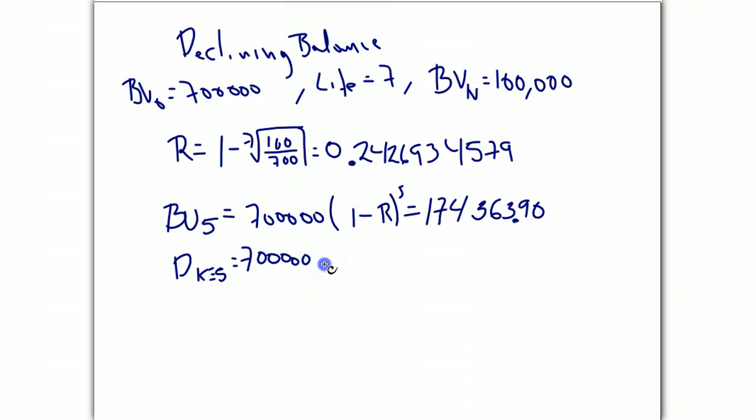So that's 700,000 minus 174,363.90, and that is $525,636.09.